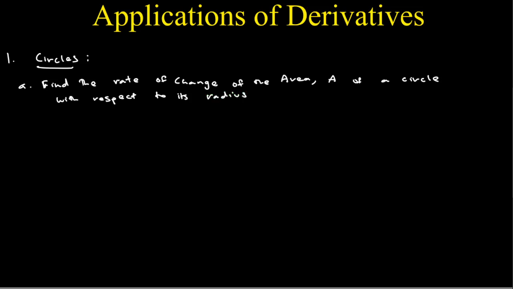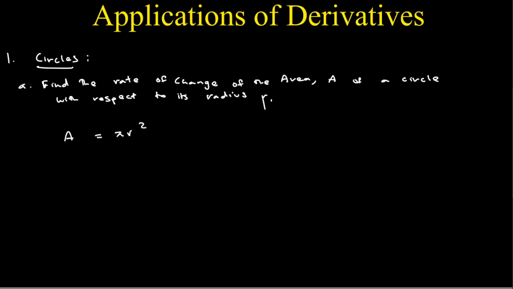Essentially, what this is saying is we have the area of a circle. We know that is pi r squared. We want to find out the rate of change of that area with respect to a certain r.